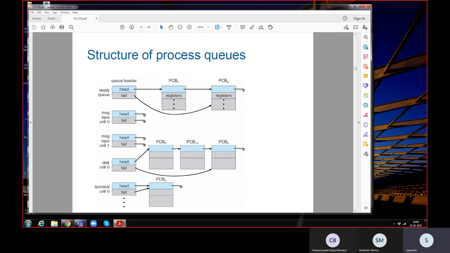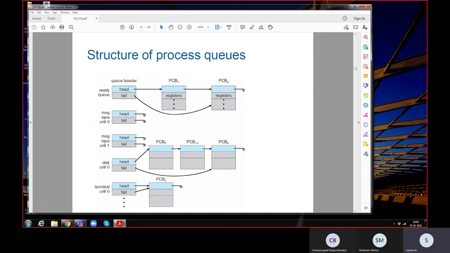So these processes either want to read from the disk or write to the disk. And that is why they are not in the ready queue. Right? Processes 3, 14, and 6, they are not in the ready queue because they are waiting for some IO operation on the disk. Similarly, there is a terminal, and process 5 seems to be waiting for some IO with the terminal.